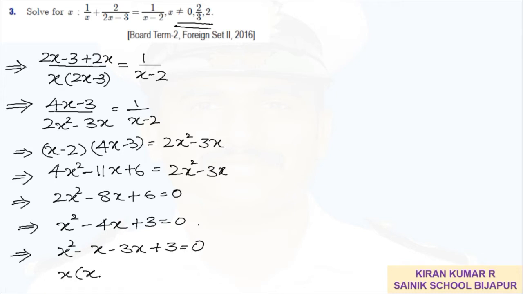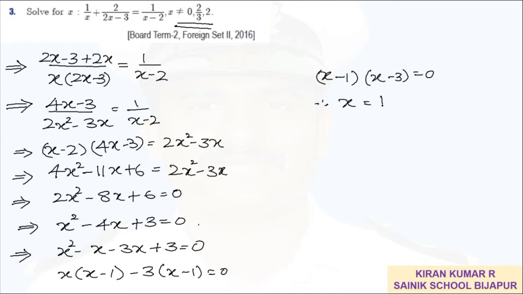So x common, x minus 1, minus 3 common, x minus 1 equal to 0. In the next step, we have x minus 1 common, x minus 1 times x minus 3 equal to 0. Therefore, the values of x are 1 and 3. Therefore, 1 and 3 are the roots.